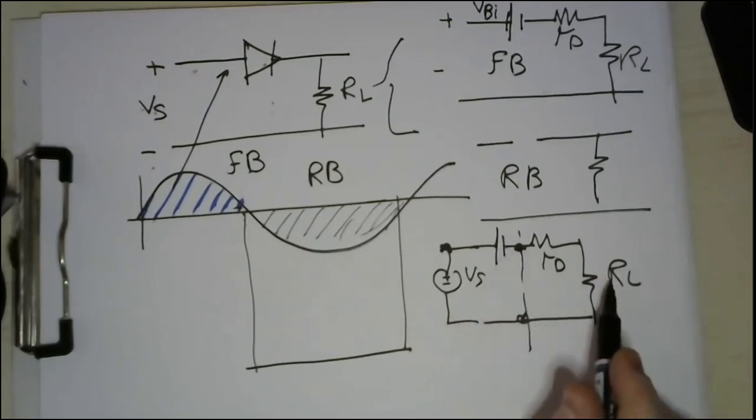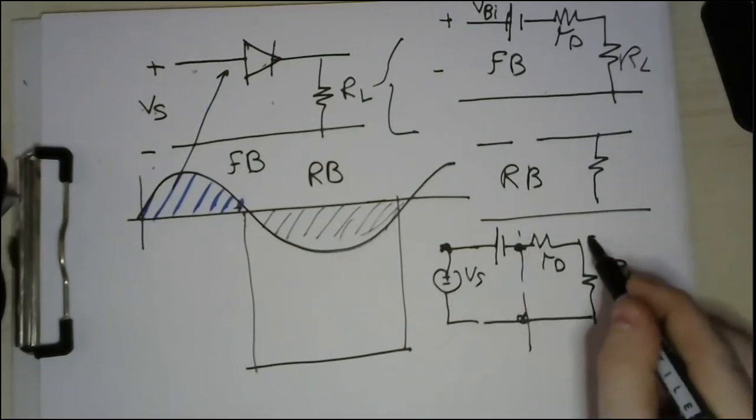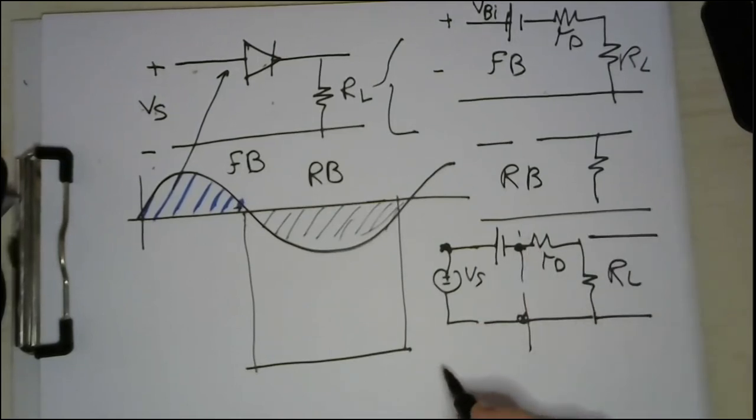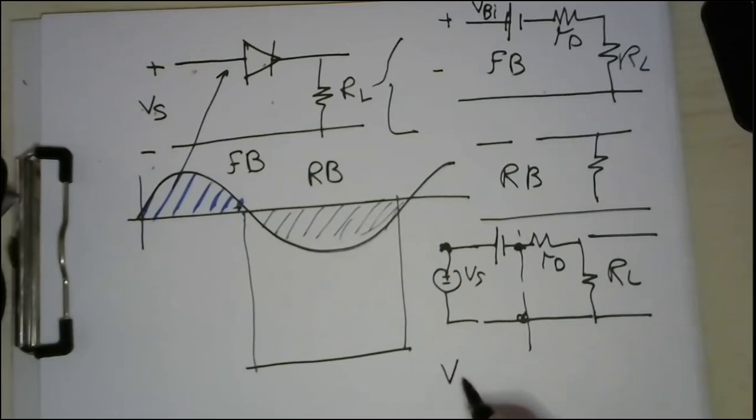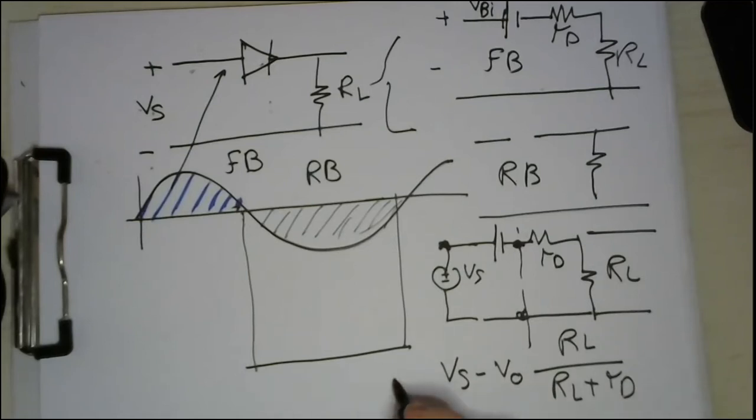Then we have a potential divider between R load and RD. So the output here is simply Vs minus V node times R load over R load plus RD. This is the answer.